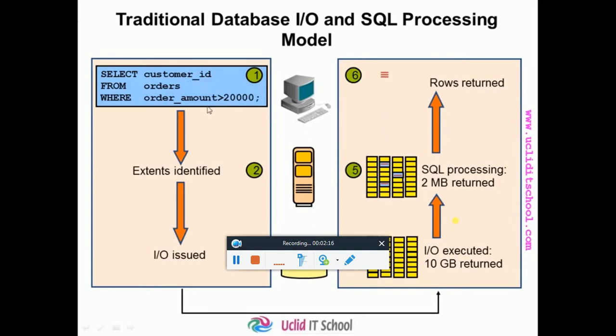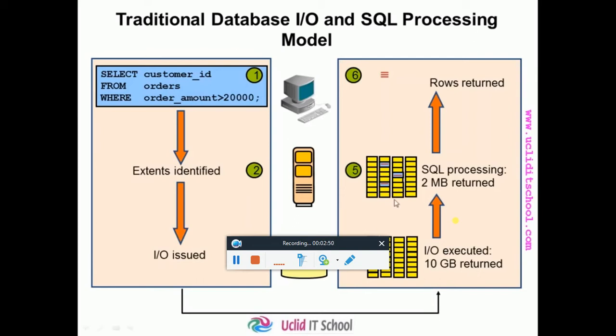Suppose this table is very big, say 10 GB in size. How does the processing happen now? The client issues the select statement to the database server. The database server identifies the extents of this table and issues an I/O request to the storage. The I/O is executed by the storage layer, and it identifies 10 GB of data because it is doing a full table scan.